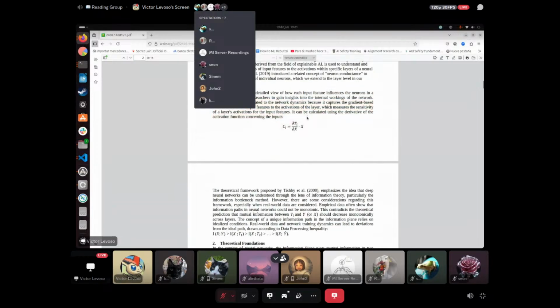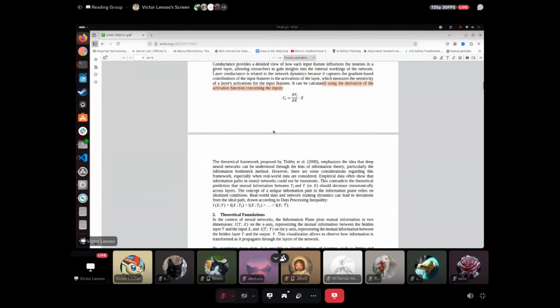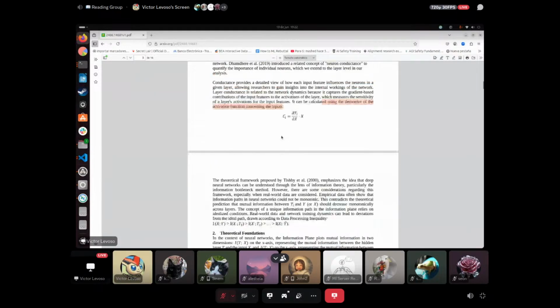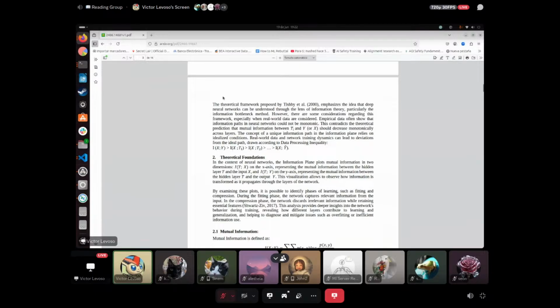I'm confused. Is this just the same as taking the gradient of the input on some output, like on some layer, with a fancy name? I guess so.